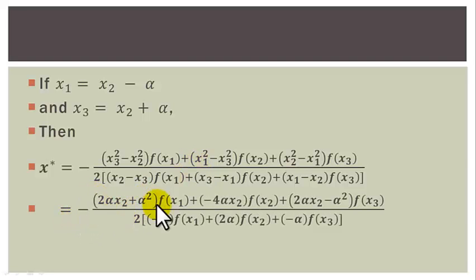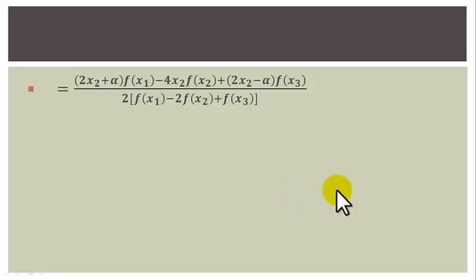minus in bracket 2 alpha x2 plus alpha squared times f of x1 plus minus 4 alpha x2 times f of x2 plus 2 alpha x2 minus alpha squared times f of x3, all over 2 into minus alpha times f of x1 plus 2 alpha times f of x2 plus minus alpha times f of x3.